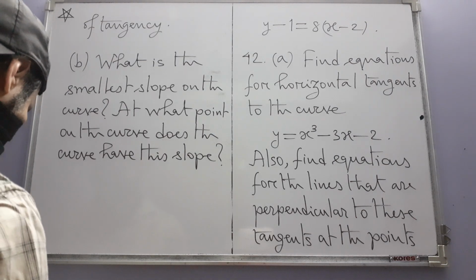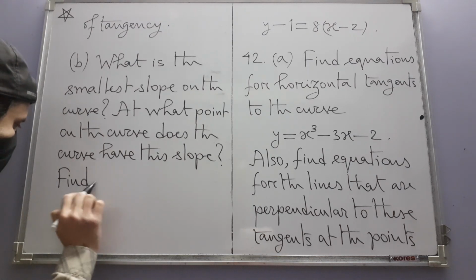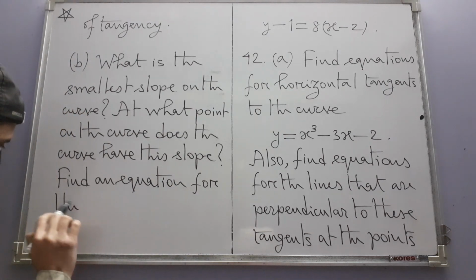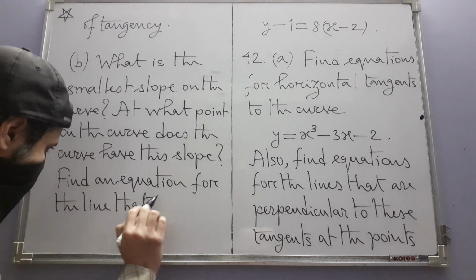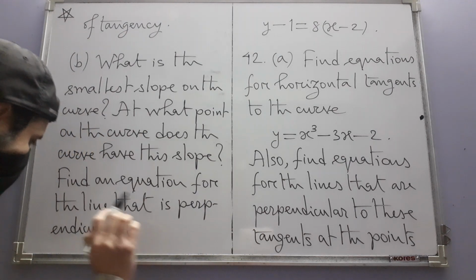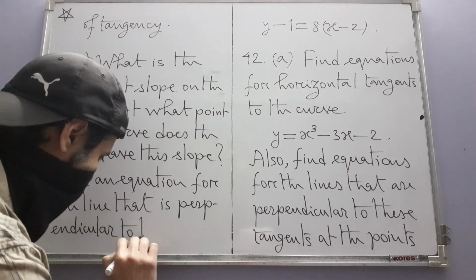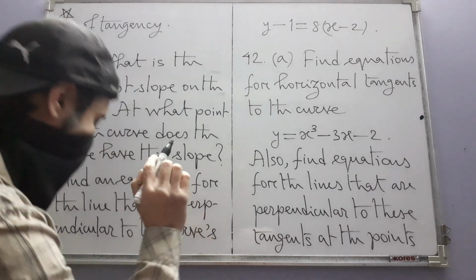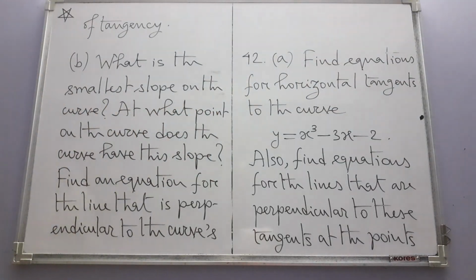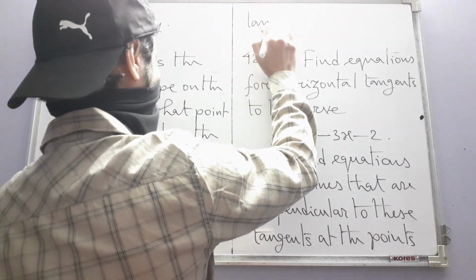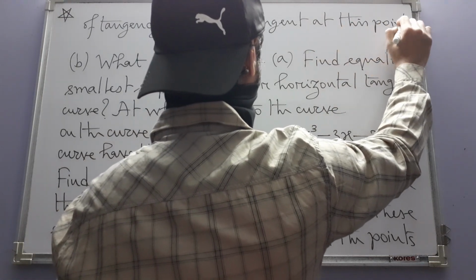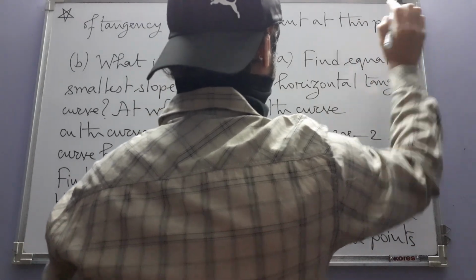Also, find an equation for the line that is perpendicular to the curve's tangent at this point. Oh, this is not a question, this is an assertion.